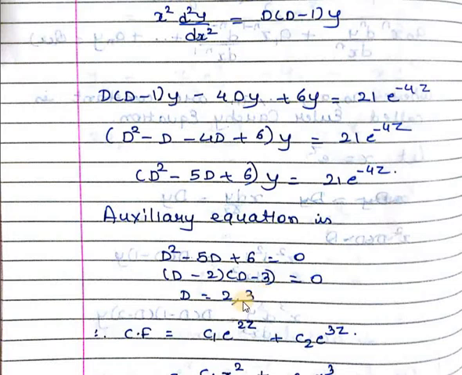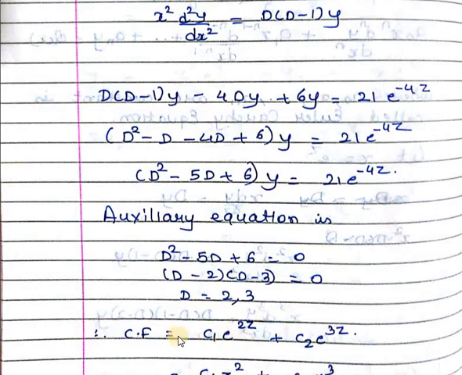Now here, as you can see, the roots are real and different. Therefore, by case 1 of CF, that is case 1 of complementary function, CF will be C1 e raised to 2z plus C2 e raised to 3z.